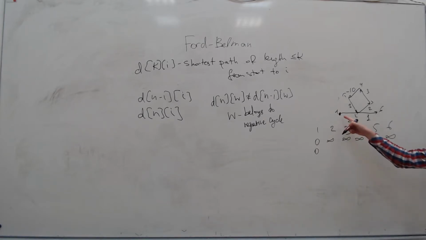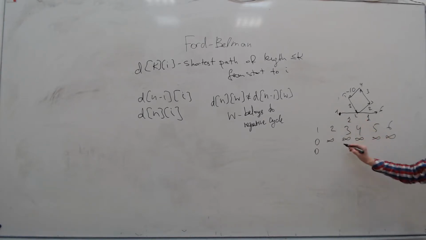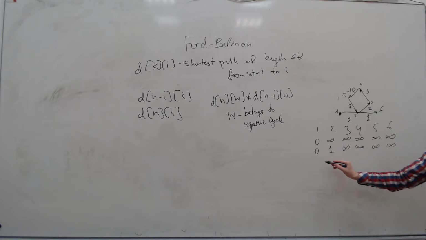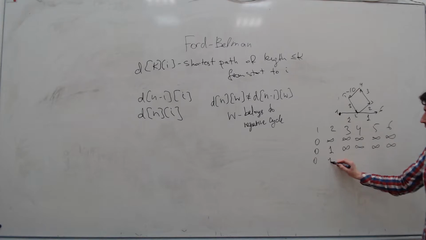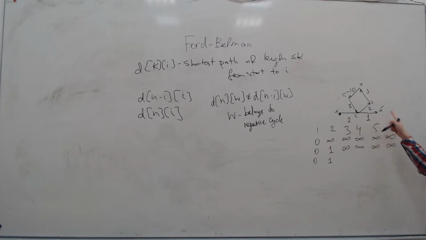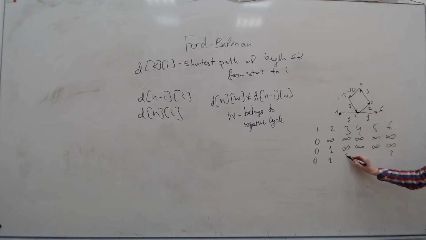Then we add one relaxation to 2. 1, infinity, infinity, infinity, infinity. Then we relax one more time. Then we copy from this one and relax one more time. So it is 0, 1. From 2 we can relax to 6, so it is 2. And from 2 relax to 3, it is 3. Infinity, infinity.